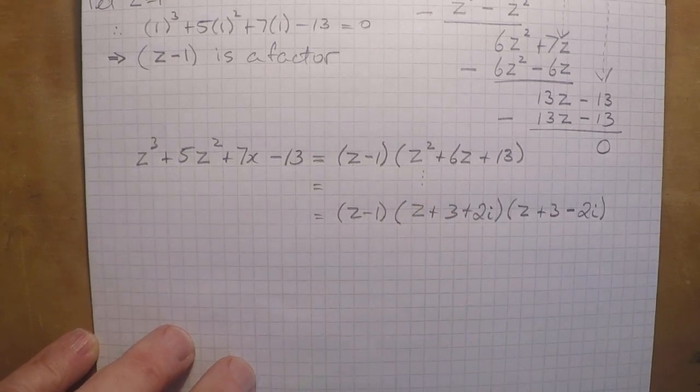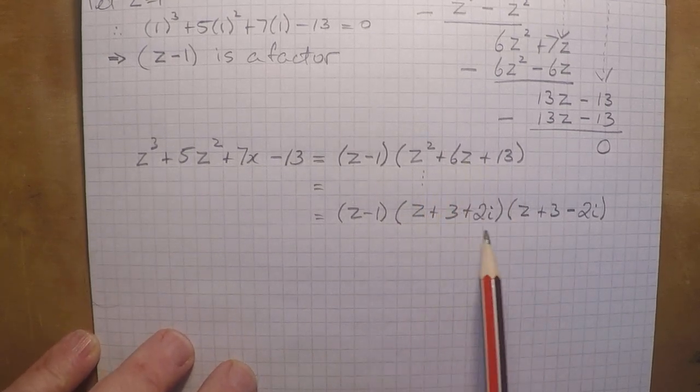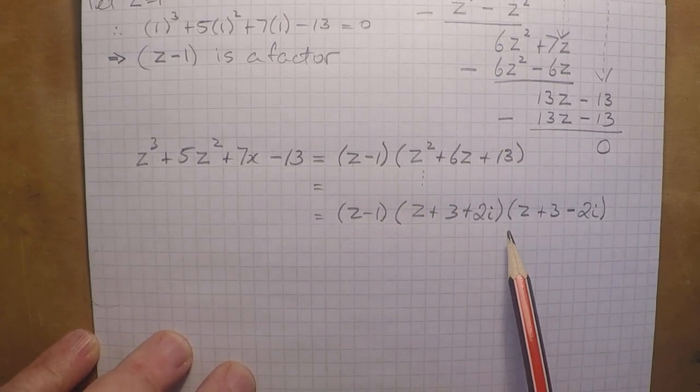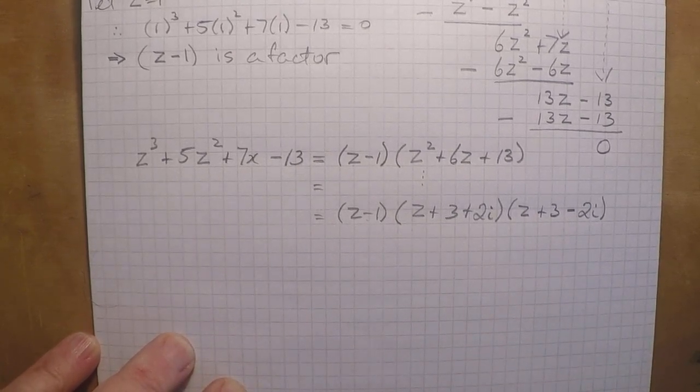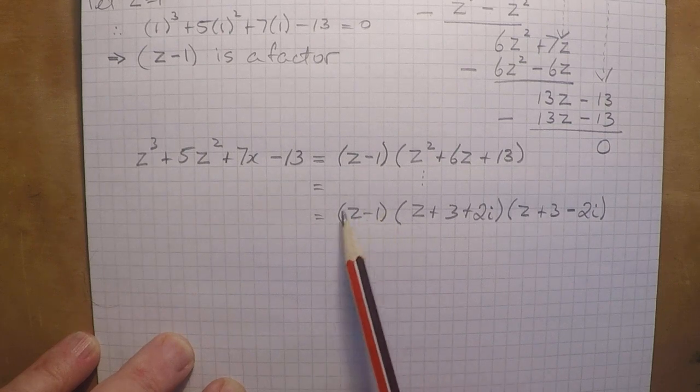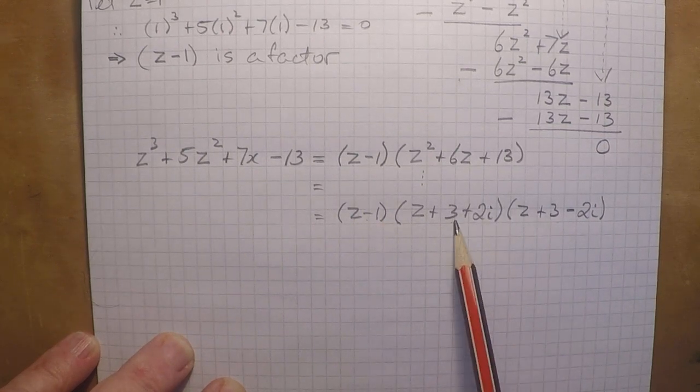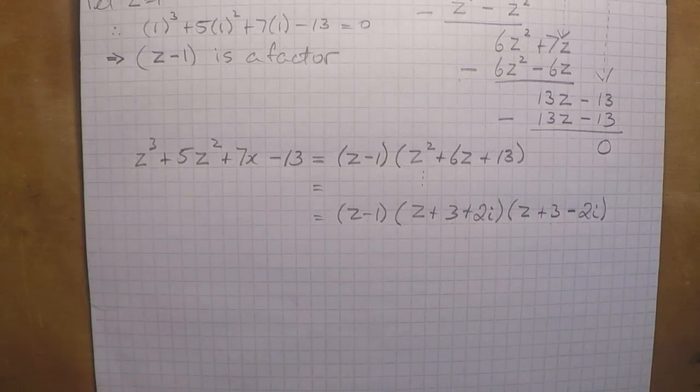I've skipped a bit of working, but you can see how to do that in the previous video entitled Completing the Square. So our cubic has 3 linear factors. One would produce a real solution, and these two would produce complex solutions.